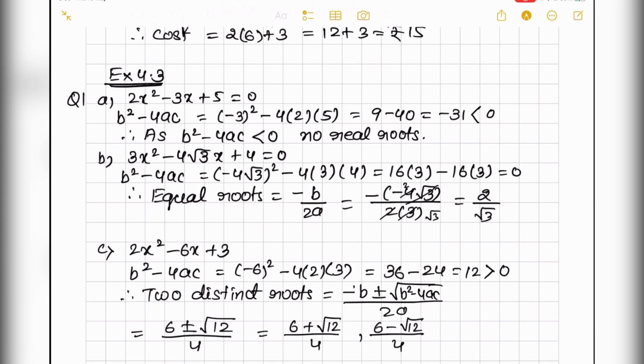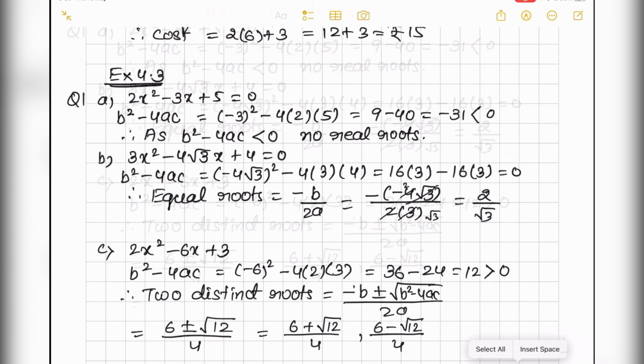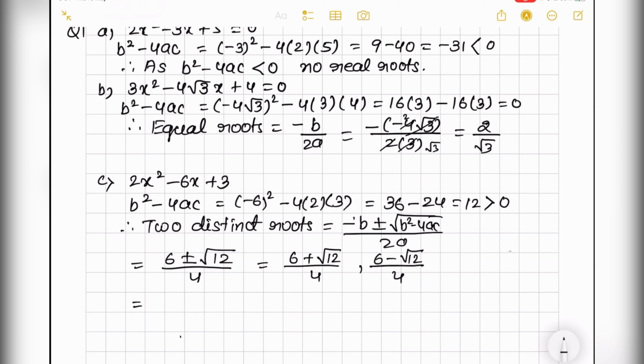Now from root 12, if I take out the perfect square part, 4 will come out. So this will be 6 plus 2 root 3 upon 4 and 6 minus 2 root 3 by 4.